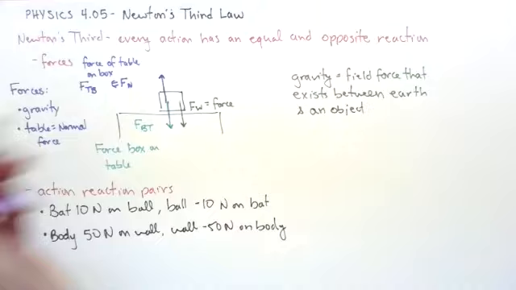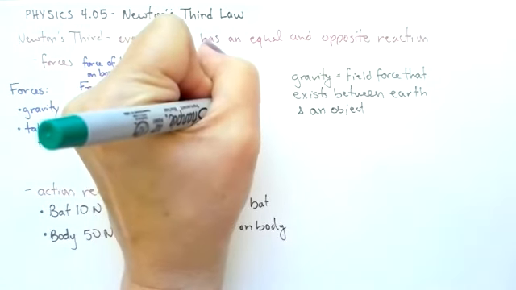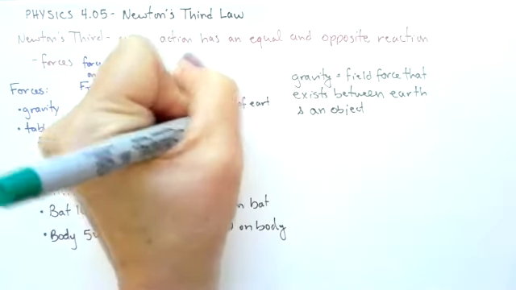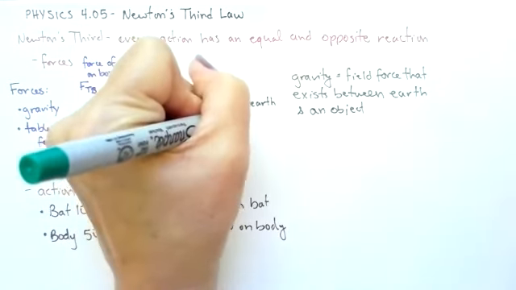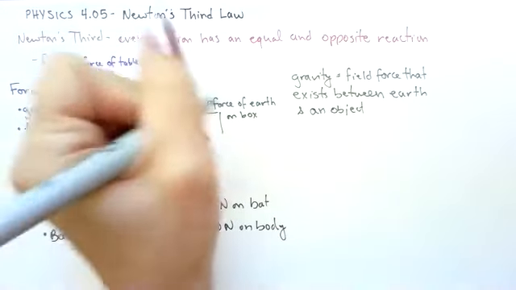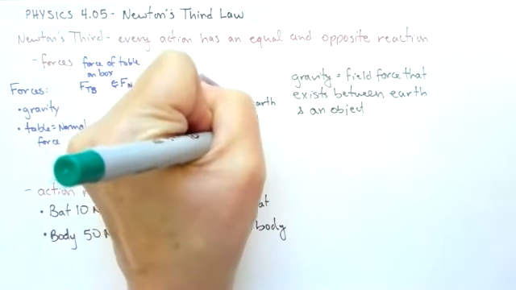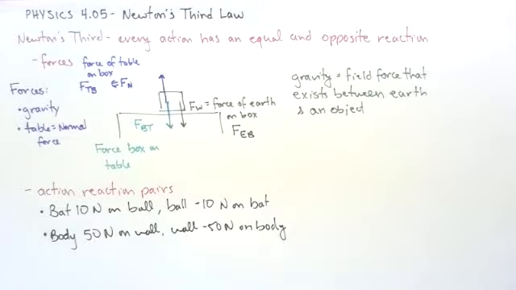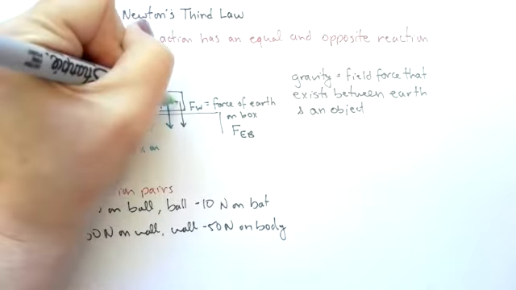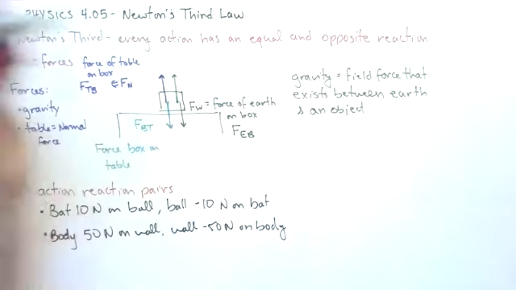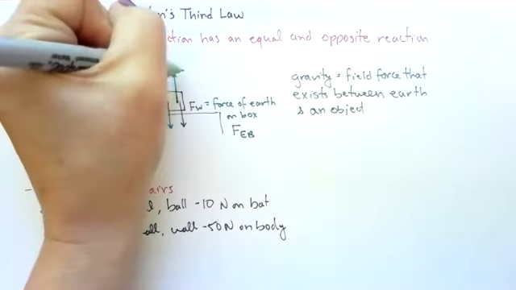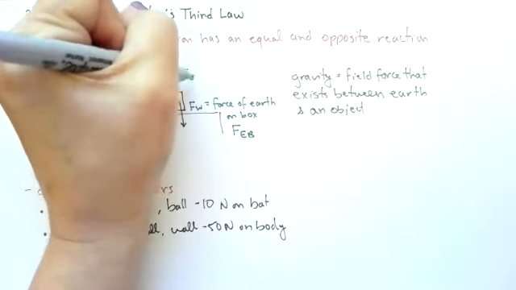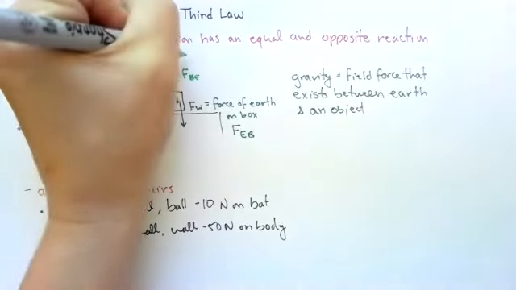So here we're really talking about the force of the Earth on the box. So I'm going to rewrite this as FEB. Well, we have an equal and opposite. So what does that mean? That means that the box is actually pulling up on the Earth. So this is force BE, force of the box on the Earth.